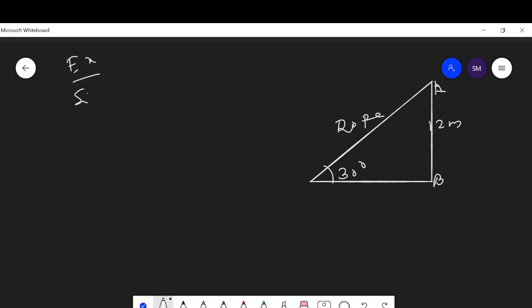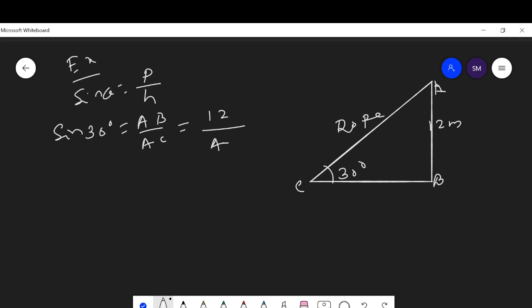You know that sine theta is equal to P by H, perpendicular upon hypotenuse. Here sine 30 degree is equal to AB upon AC, taking the point as C. AB is given as 12 meter and AC is the unknown length of the rope, and sine 30 degree is equal to 1 upon 2.